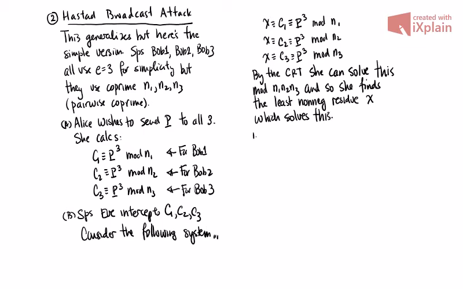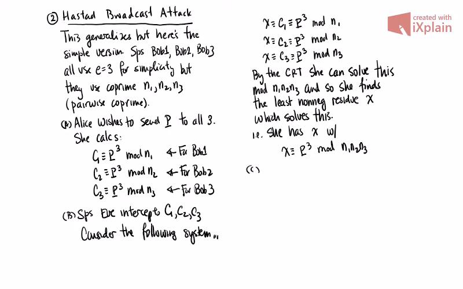In other words, she has x congruent to C1, C2 and C3 mod N1, N2, N3. But in the solution, she's got x congruent to P cubed mod N1, N2, N3, because the Chinese remainder theorem gives a solution that's true mod the product of the three.